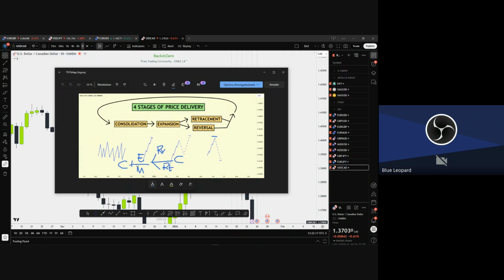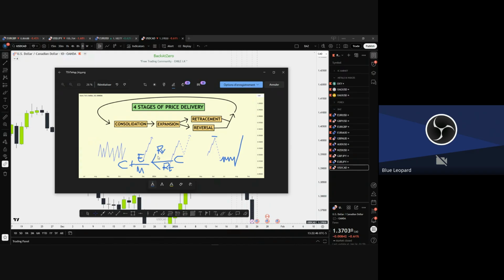But like I said, after an expansion, sometimes price can just consolidate and then manipulate and continue. Or it can consolidate, manipulate here, and then reverse. But this, I will not call it a reversal. I will just say the expansion higher. I will not call it a reversal because reversal comes after another expansion.